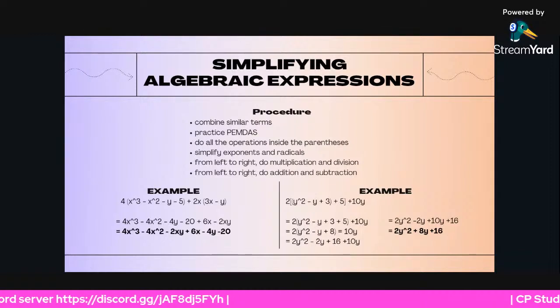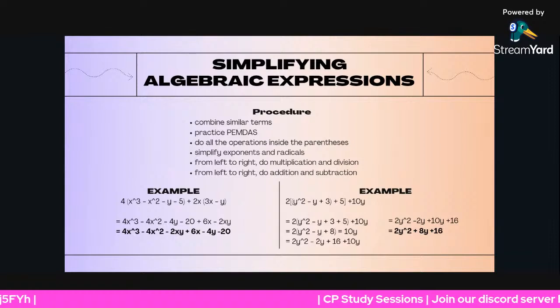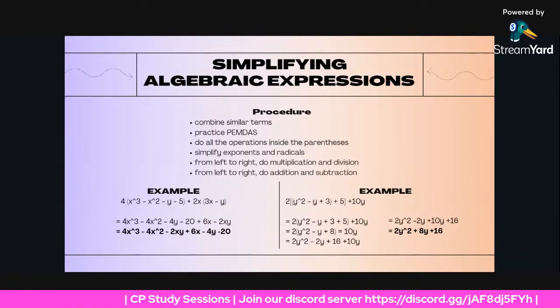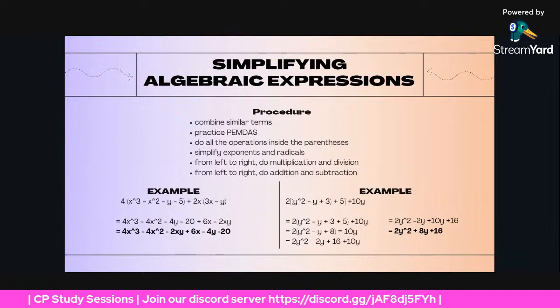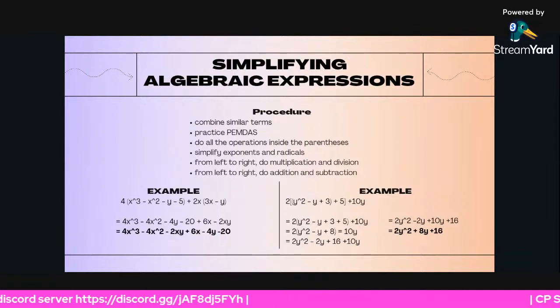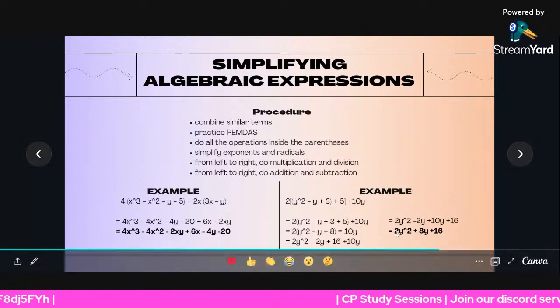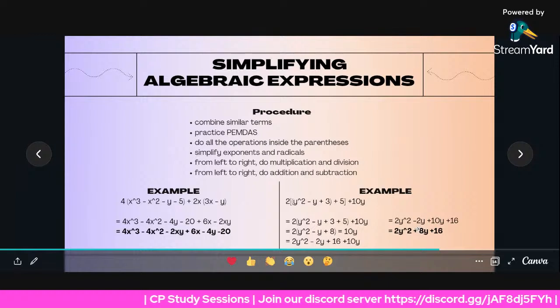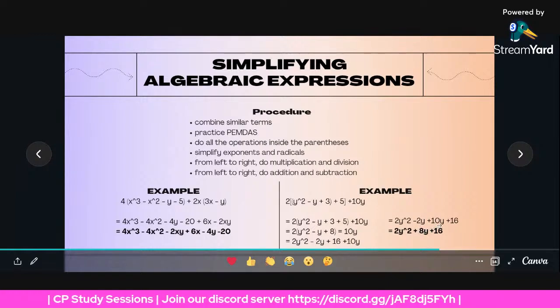So, paano ba natin masasabi na similar yung terms? Kailangan niyo tingnan yung variable nila and yung exponent ng variable nila. So, kailangan magkaparehas yun. Example, eto, negative 2y plus 10y.